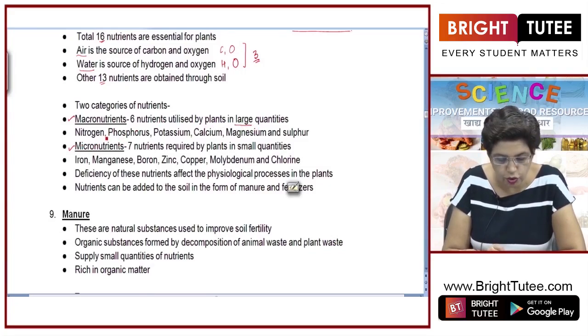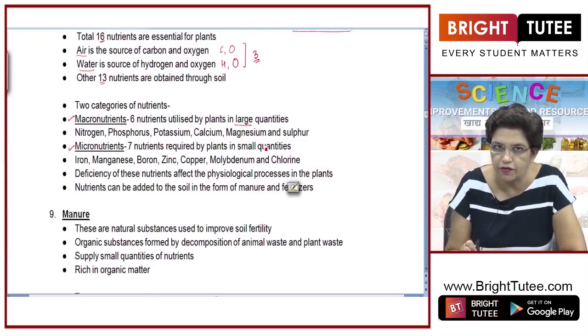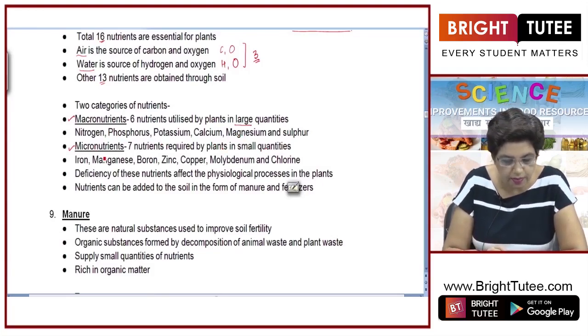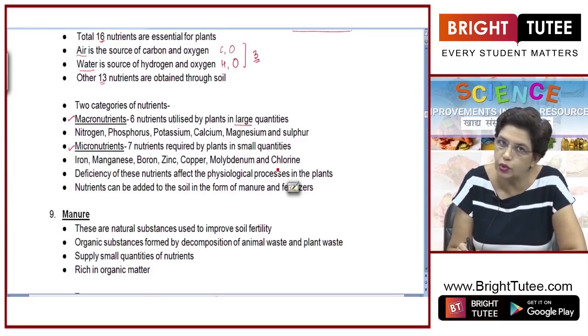These are nitrogen, phosphorus, potassium, calcium, magnesium and sulfur. Next, micronutrients. Out of these 13, 6 are macro, the rest 7 are micronutrients. These include iron, manganese, boron, zinc, copper, molybdenum and chlorine.